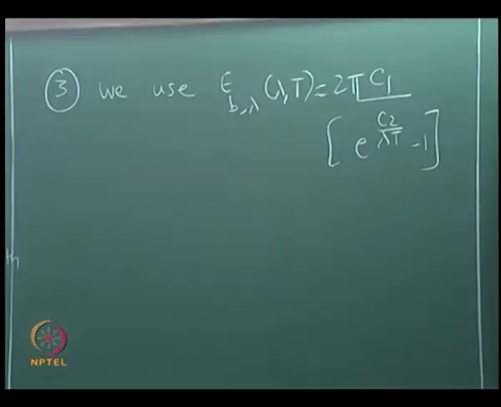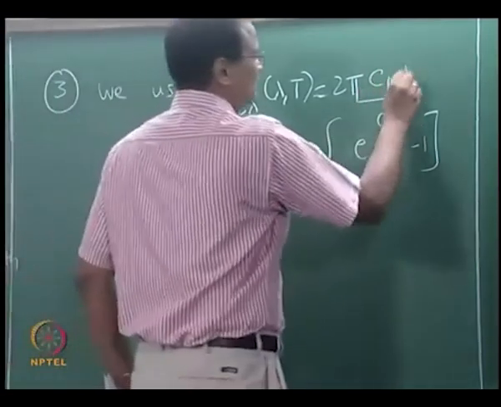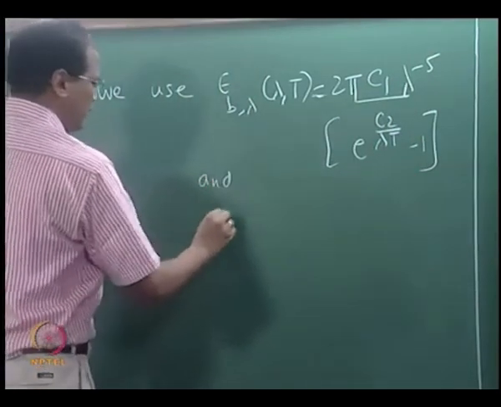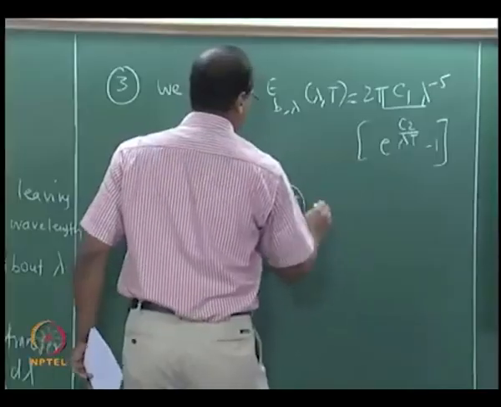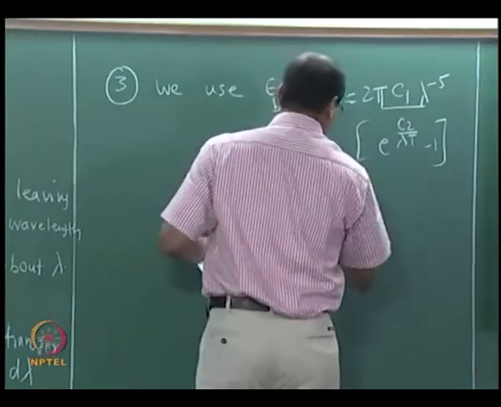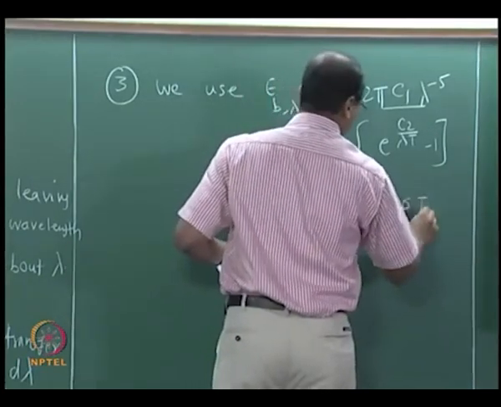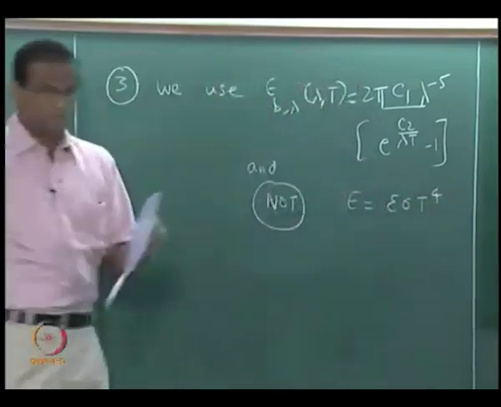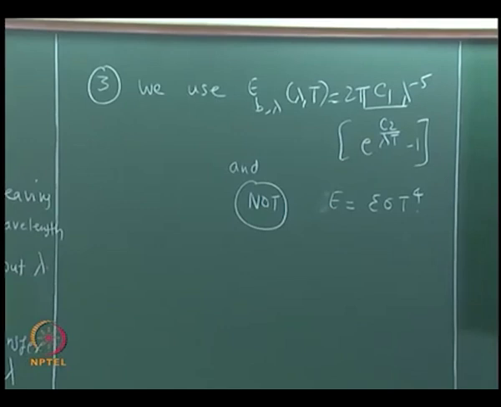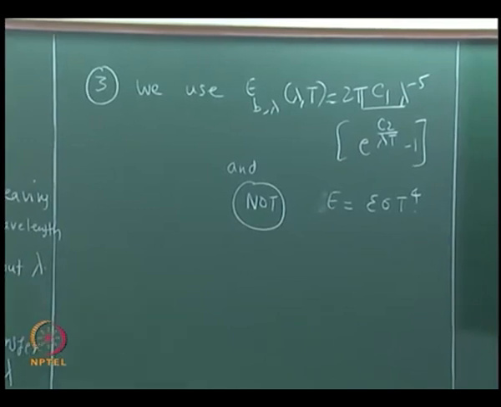Quiz is coming up. Do not ask me, sir, why are you using E B lambda, it is not a black body. Epsilon lambda will come, do not worry about that.